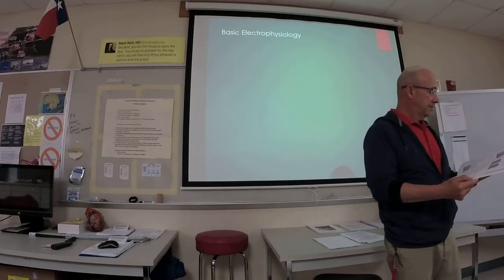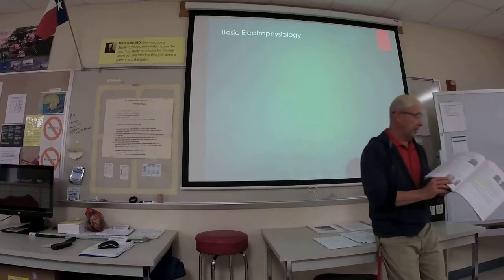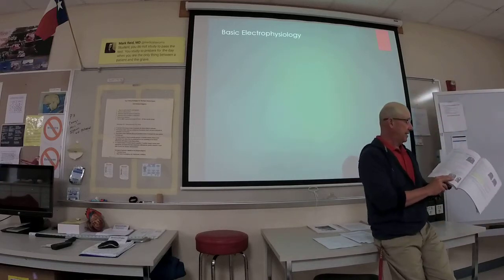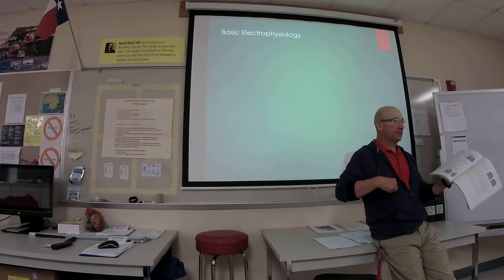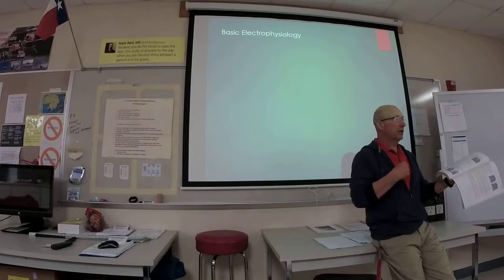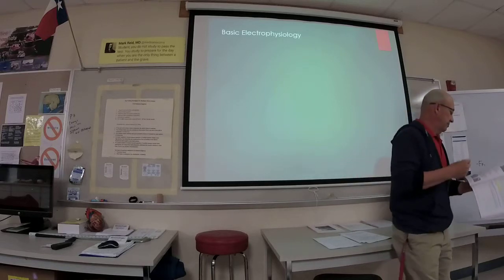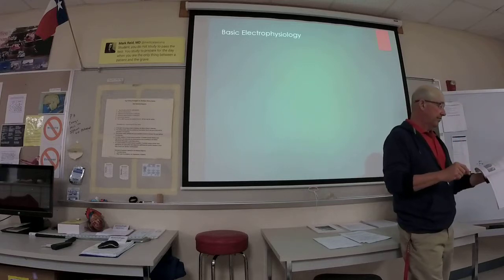Definitely something you will have to memorize for the test is which intercostal space each lead goes in. It's going to ask you that, I can almost guarantee it. Where does V1 go? V1 goes in the 4th intercostal space.